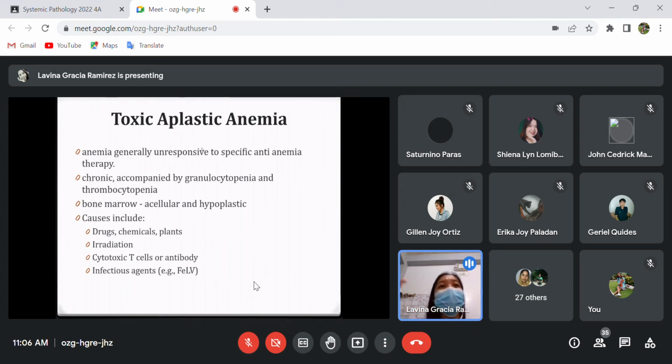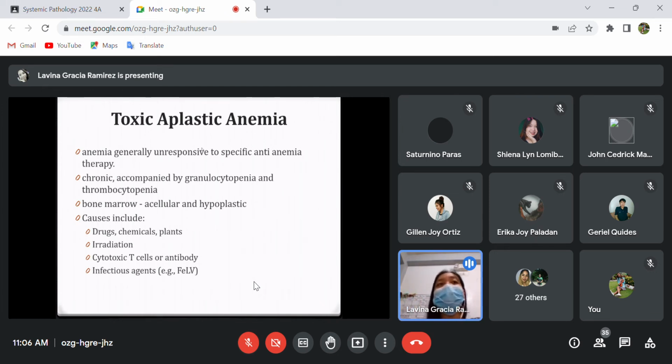So if there is mass reduction of these two blood cells together with your RBC, you think of where could be the possible cause of the anemia. Saan yung location kaya? Ano yung affected? So basically, as mentioned in the presentation, titignan mo ngayon yung status ng bone marrow.